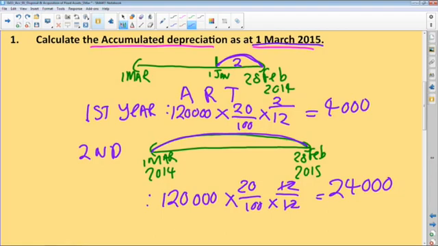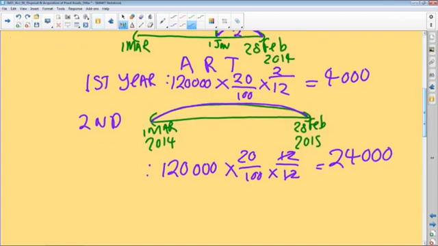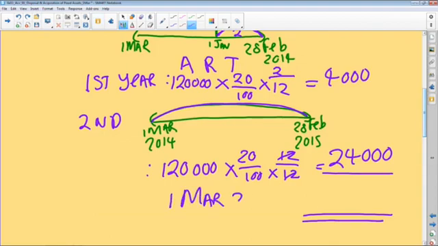So in total, all I've got to do now, guys, is add up. My accumulated depreciation for the 1st of March 2015 will be 28,000. In other words, depreciation for the first year plus depreciation for the second year gives me my accumulated depreciation. Not difficult, but remember, it requires a bit of calculation.